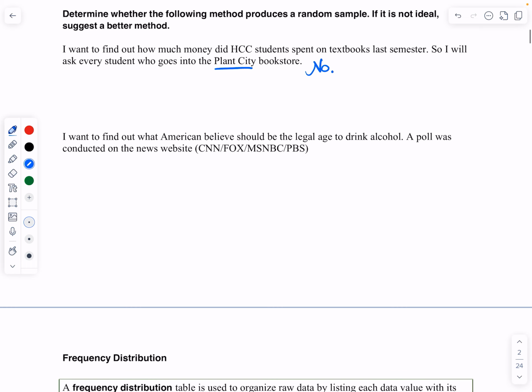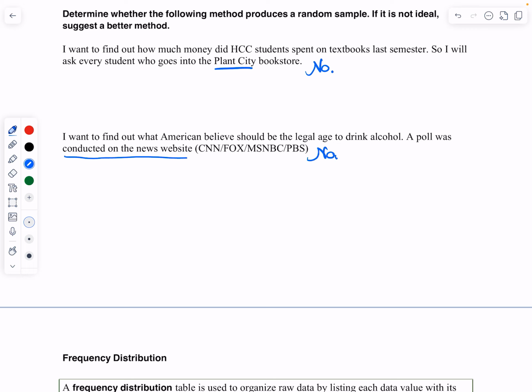All right, I want to find out what Americans believe should be the legal age to drink alcohol. The poll was conducted on a news website: CNN, Fox, MSNBC, or PBS. So if you conduct the poll on a news website, again, it's not random.